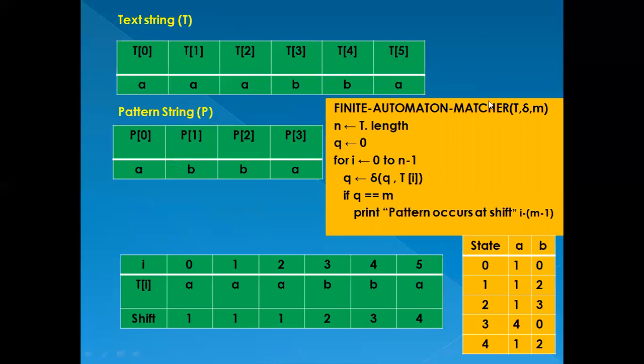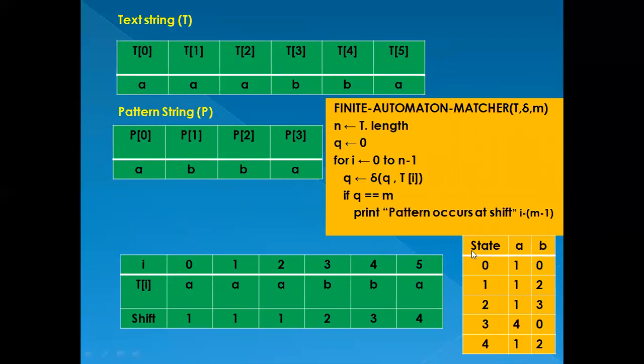Let's see the working of the algorithm with an example. This is the text string. Your text string is AAABBA and your pattern string is ABBA. This you've already done. And this is the matcher algorithm. You are also taking as input the transition.